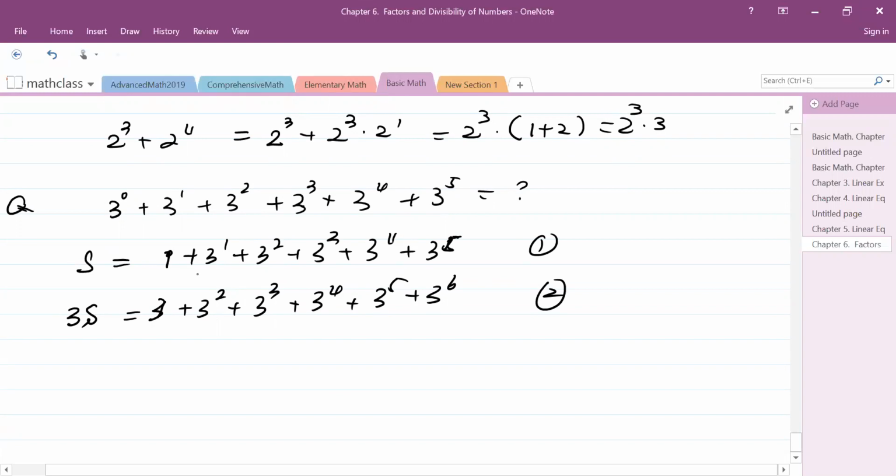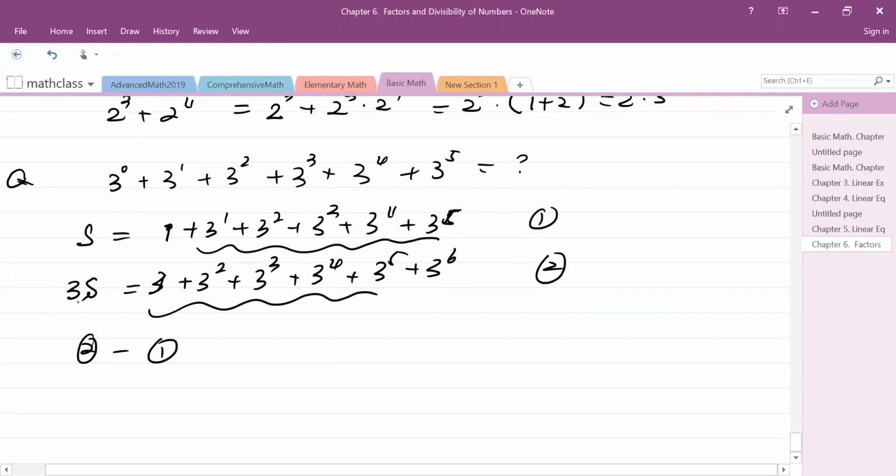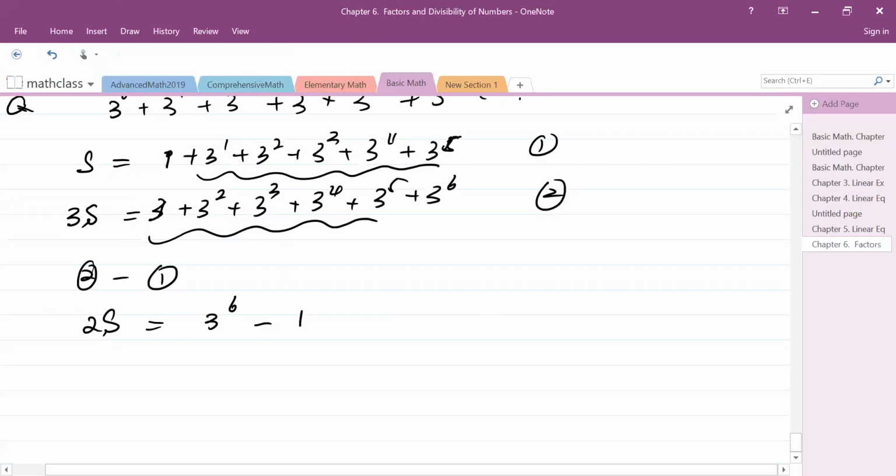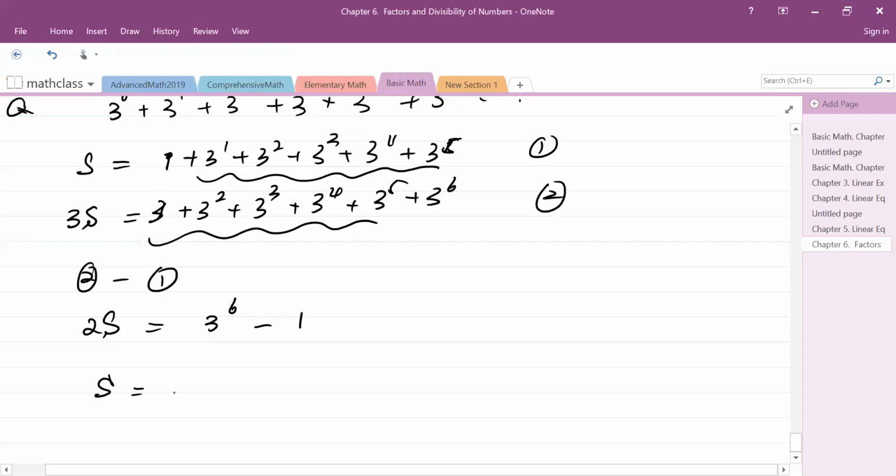Then I find out this is a common part. I do the subtraction again. But now it's not just 1s, it's 2s. Then I get 3 to the 6 minus 1 on the top, over 2.